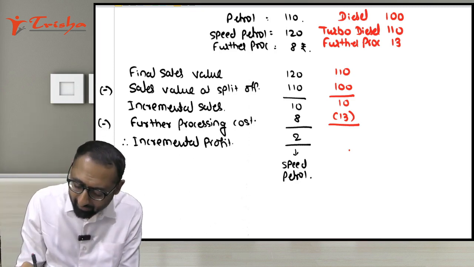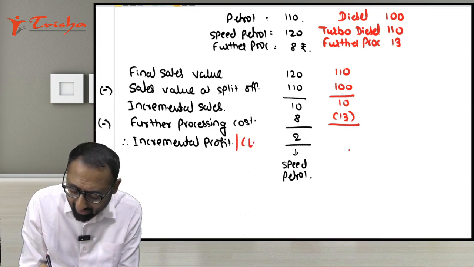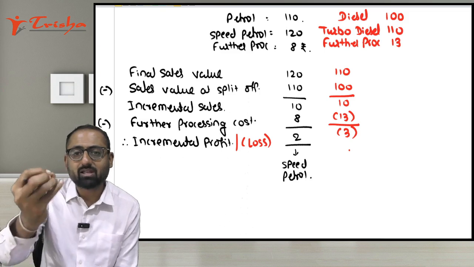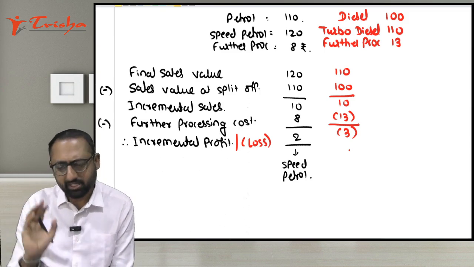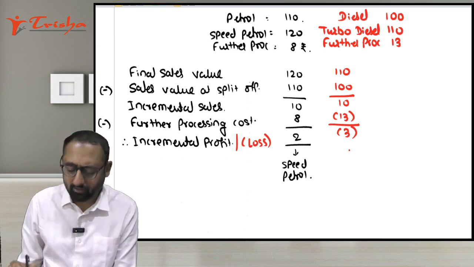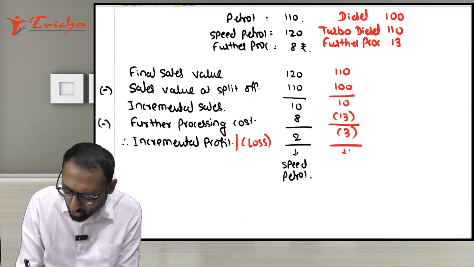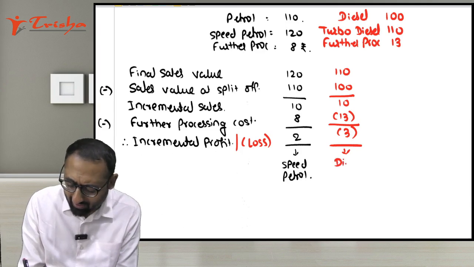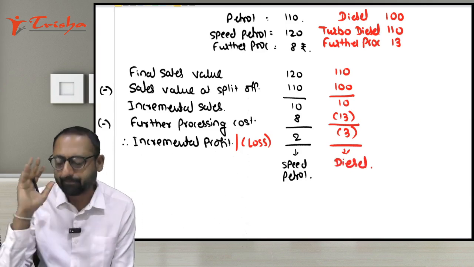Is there an incremental profit or an incremental loss, Prabhu? There is an incremental loss. So if there is an incremental loss, diesel should not be converted into turbo diesel. So here your answer should be: the company should not further process, the company should sell diesel only.